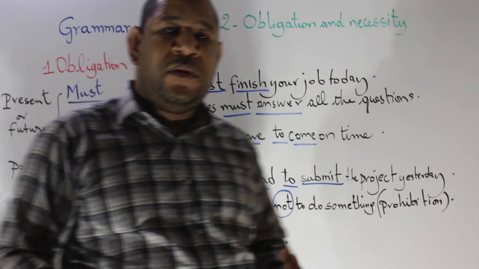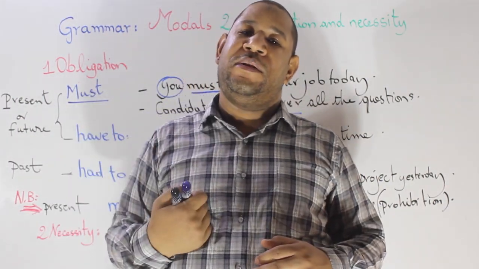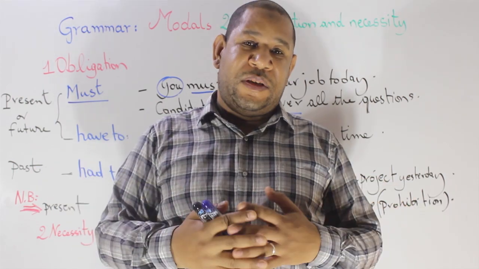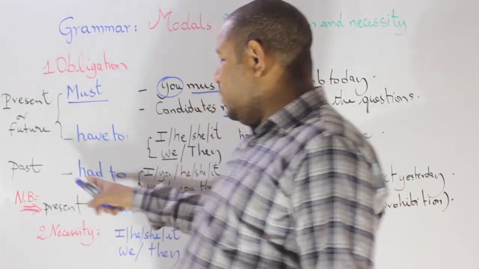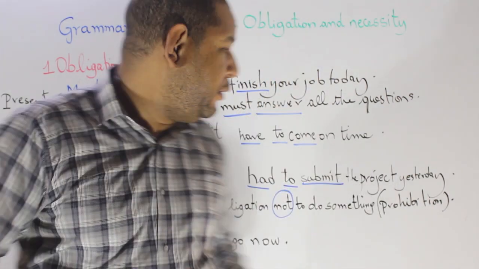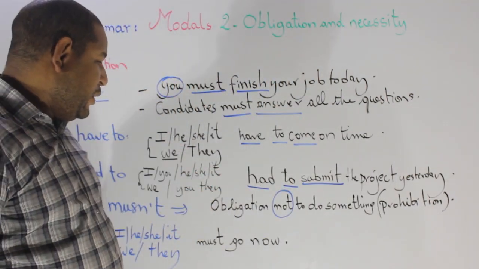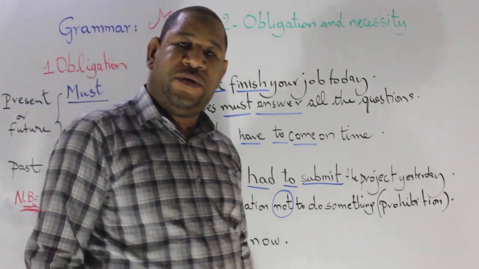Now let's suppose we want to speak about an obligation in the past. We don't care whether we have it direct or indirect. We just use had to. Okay? For example, I or he or she or it, I had to submit the project yesterday.